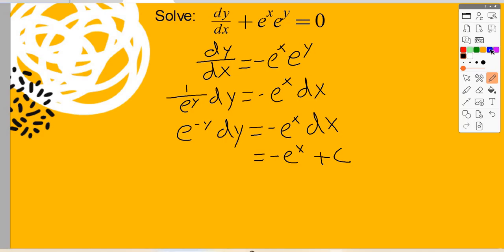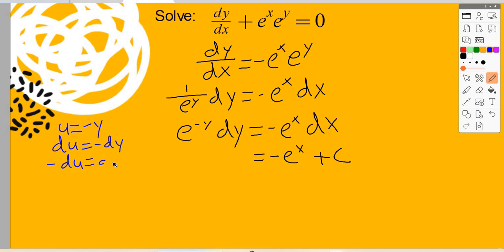And then on the left-hand side, what would we have to do? It's going to be a basic u sub, so I have du. It's just going to be a negative dy.